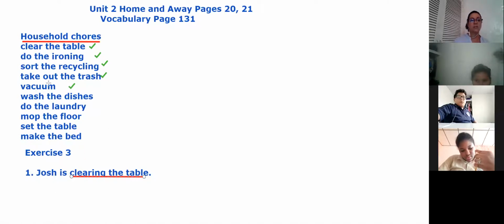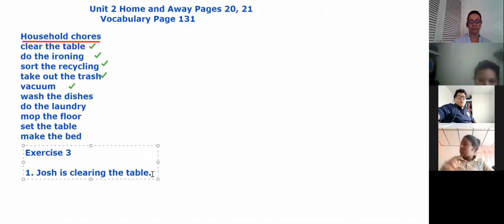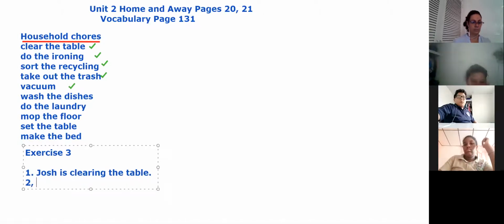In exercise 2, let me take it now again. In number 2, we have Alisa. Alisa is washing the dishes. Now I would say wash the dishes.